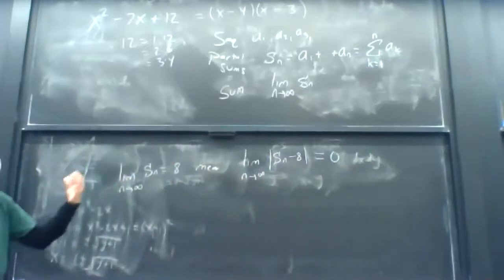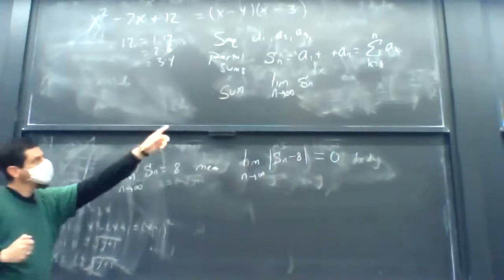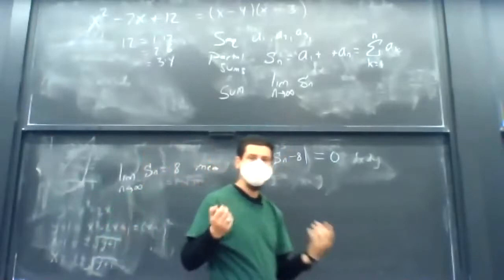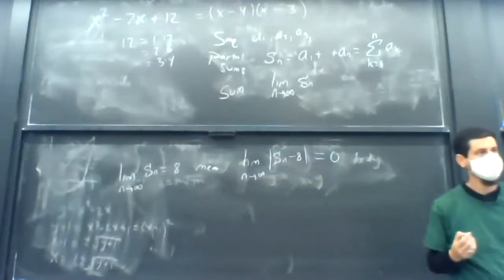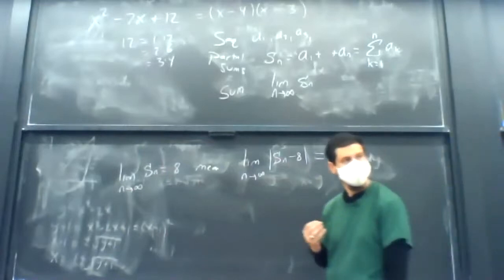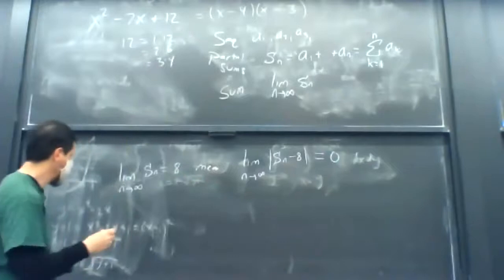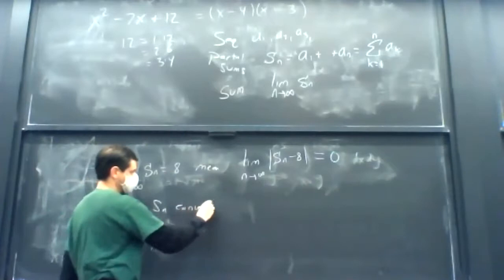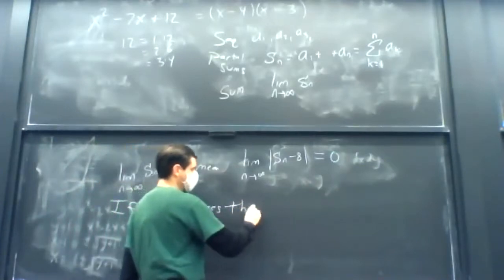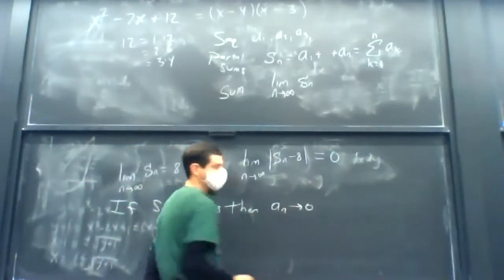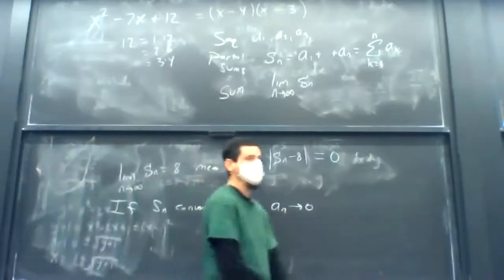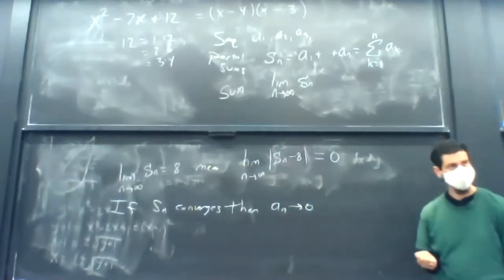So if you want your partial sum to converge, what must be true about the individual An's? Do we know anything about them if the sum has to converge? Good. So if Sn converges, then An has to go to 0. If An is not going to 0, then that means that you're going to be adding sizable boosts.